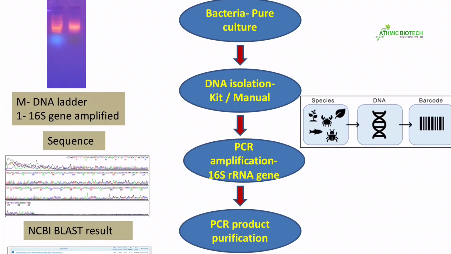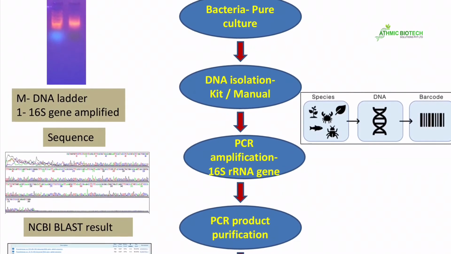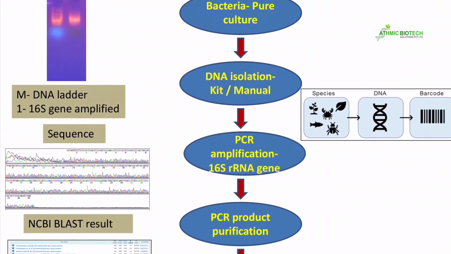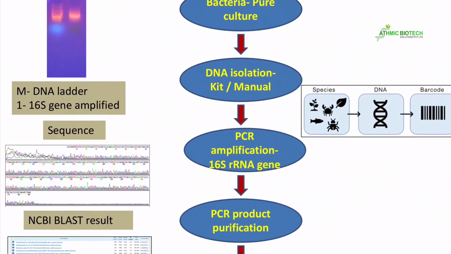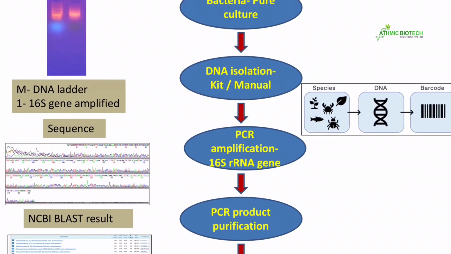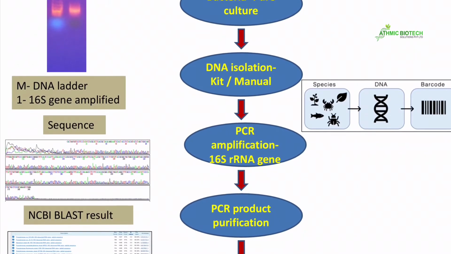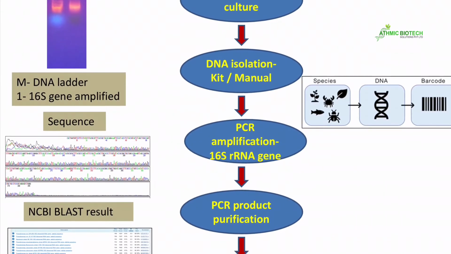Then proceed for PCR. After PCR, you have to purify your PCR product before Sanger sequencing. For that, you can use commercial kits. After the purification, the PCR amplicons will be sent for sequencing. After sequencing, you will get a result as shown in the left side panel.